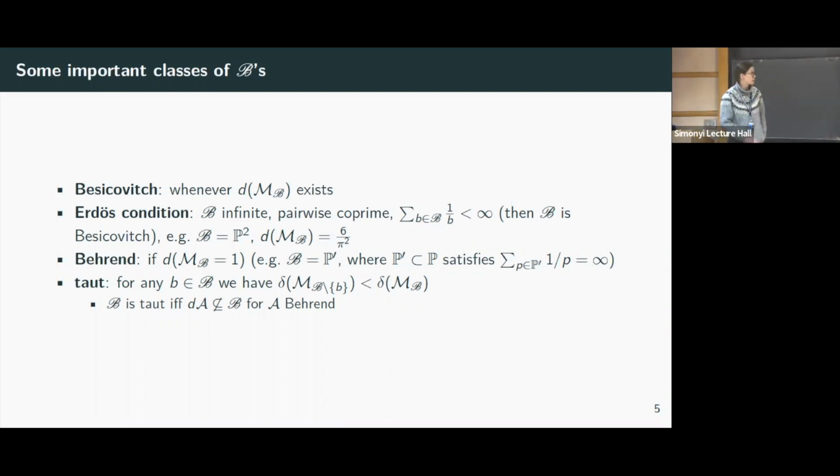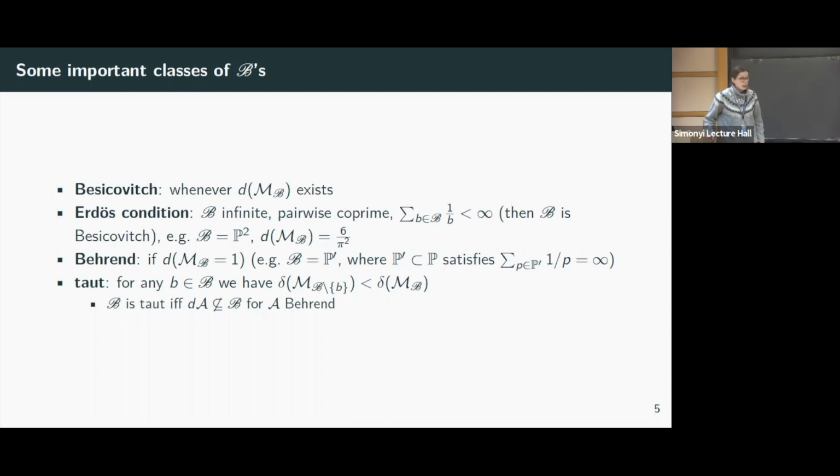And one more class that appeared back then were taut systems. So taut sets, what are they? The condition is as follows. You look at your set B and you pick an element, and you want to know if the logarithmic density of the corresponding set of multiples drops or not. If it drops, no matter which element you pick, then you say your set is taut. So it's like each element is important from this density point of view.